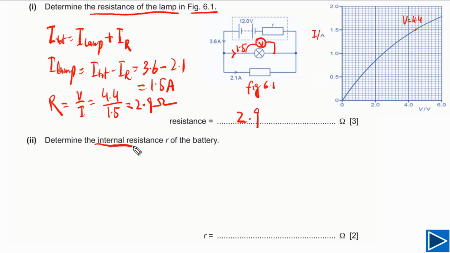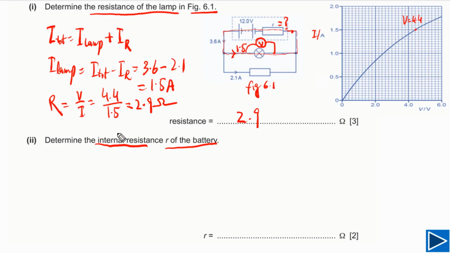The second part is asking us to calculate the internal resistance R of the battery, which means we need to find the value of this resistance. For this one, we can consider this loop and use Kirchhoff's second law.